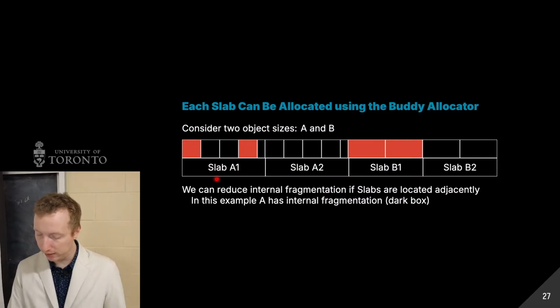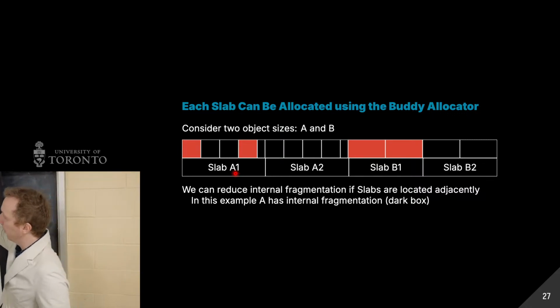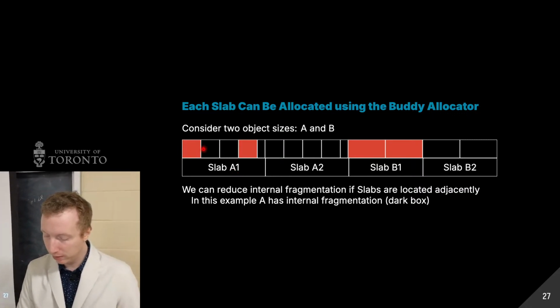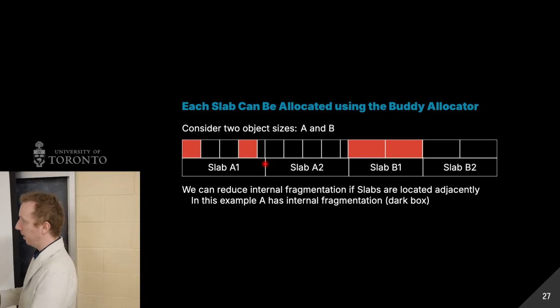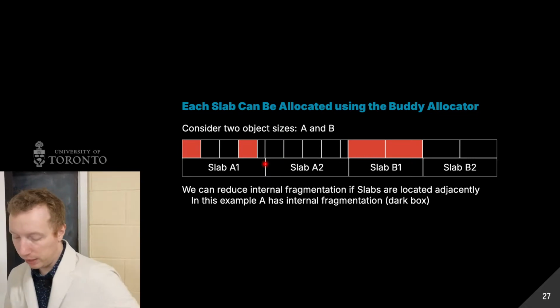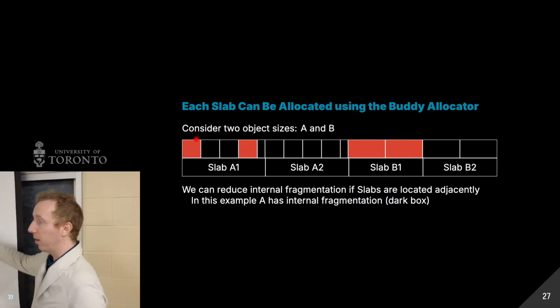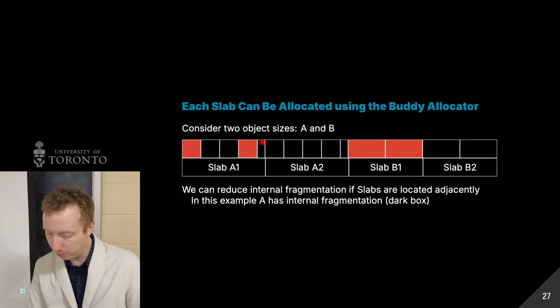So let's say it has a really weird size. Slab A has objects of size A that's maybe 20 bytes or something like that. So maybe I can fit 4 on this slab if I pack them all together tight, instead of, if I was just using the buddy allocator for each individual element, it would round up each individual element to the power of 2, which would waste a whole lot of space instead of just this little bit.